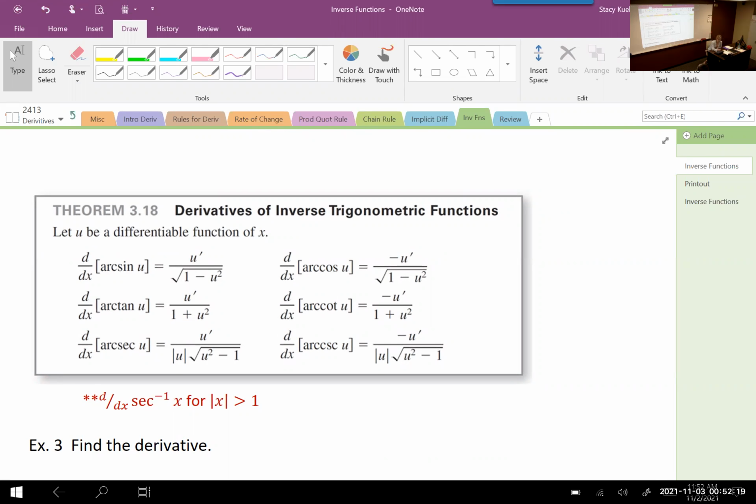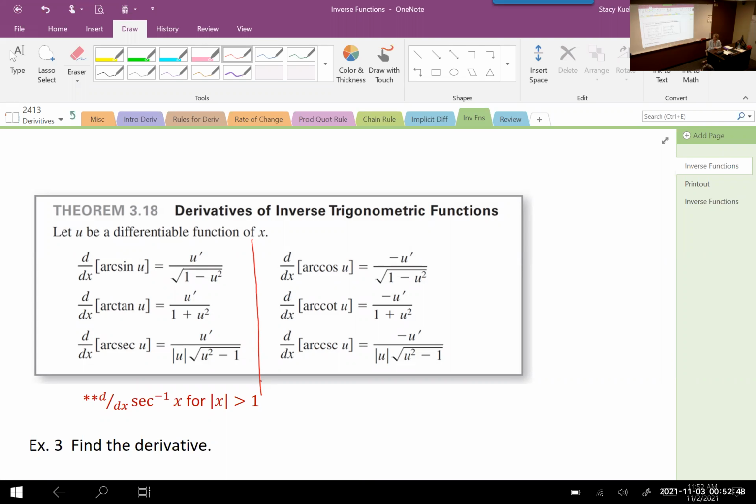Now I'm going to draw a line right here. Look to the left. We have the derivative of inverse sine, the derivative of inverse tangent, and the derivative of inverse secant. Memorize those.